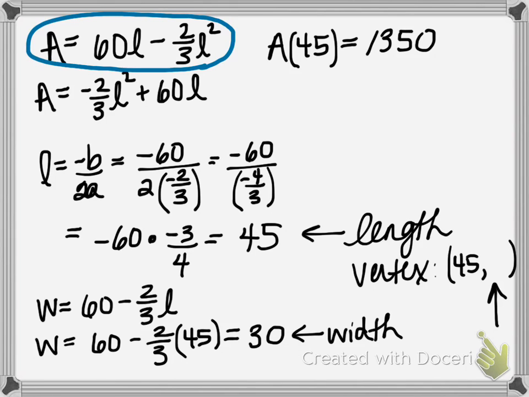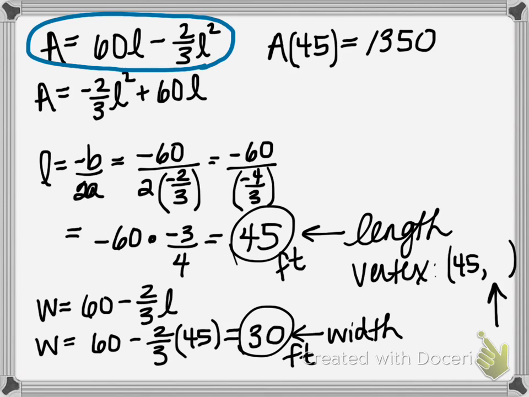But as always, please check those computations on your own calculator to make sure you're not making any sort of calculator error. So lastly, let's answer the question and include units. So we have a length of 45. That's going to be 45 feet of fencing. A width of 30. That's also 30 feet of fencing.